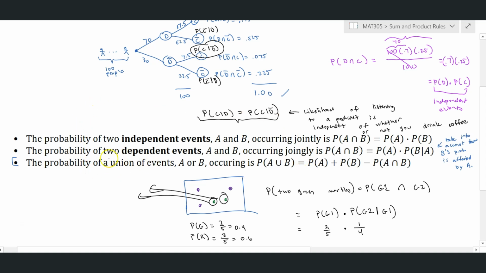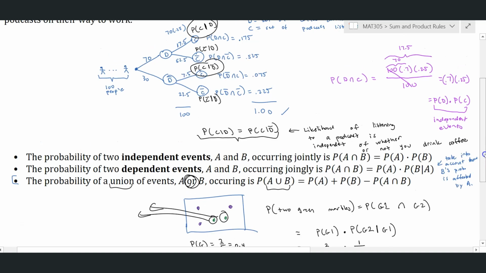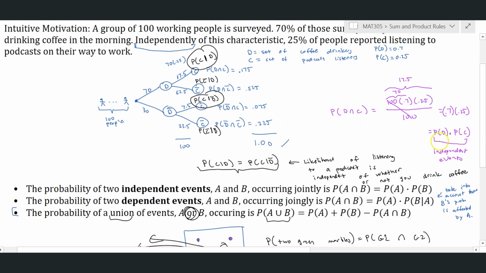Now, as far as what we often call the union of events, that's the probability of A union B. That's really saying, what's the probability of one or the other occurring? In this case, if I wanted to know the probability that somebody drinks coffee or listens to podcasts, that actually is 3 specific events.